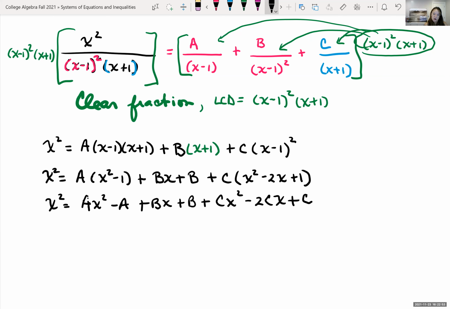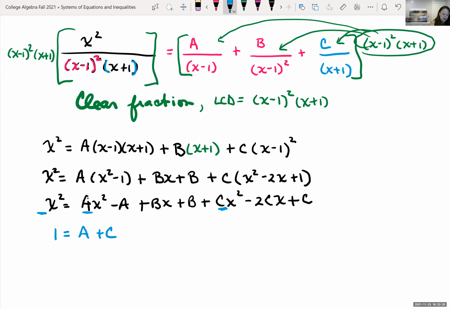Okay, so we're going to look at all the coefficients in front of the x squared. That's the highest degree term I have. And so the coefficient in front of the x squared on the left-hand side is 1. This is equal to, so I'm summing the coefficients in front of x squared on the right-hand side. So that would be a plus c.